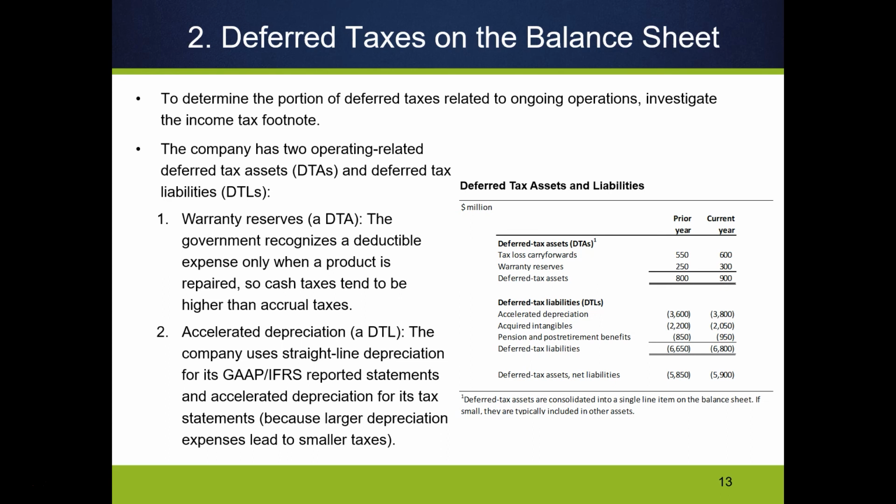In other words, think about warranty reserves as simply a cost that the government won't let me book unless I incur it, but GAAP rules will let me report whether I've incurred it or not. And so they'll let me report in advance. So that causes my accrual taxes to be lower because I have higher costs, so lower EBIT. And it causes my paid taxes, my cash taxes, to be higher than what's reported because the government doesn't let me book that cost yet.